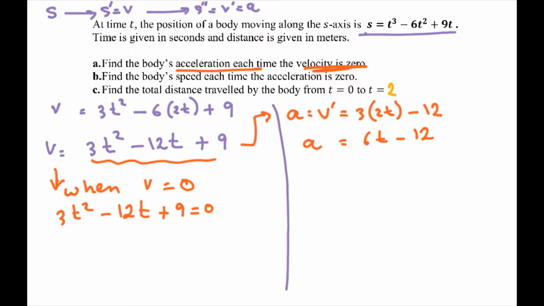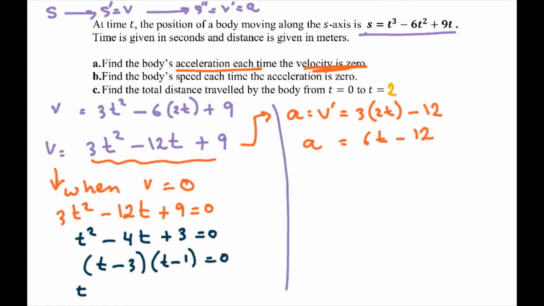You can divide everything by 3, and that's going to be t squared minus 4t plus 3 equals 0. T minus 3, t minus 1 equals 0. T equals 3 or t equals 1. So at t equals 3, the velocity was 0. At t equals 1, the velocity was 0.